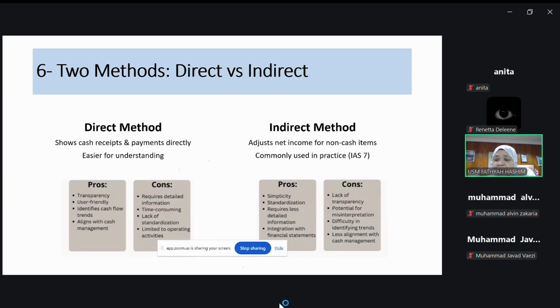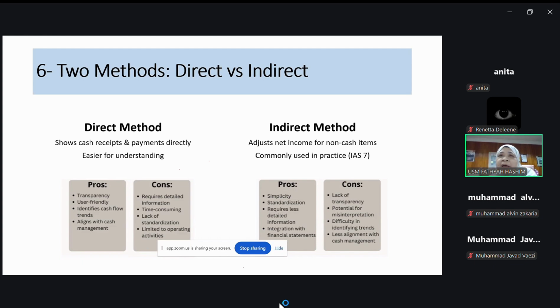And there is a lack of alignment with real cash management, where the information comes from the changes instead of the real control, the driver, or the items that need special action. Sometimes if you want to do cash management, if you know specifically which line item is signaling potential issues, it's easier.